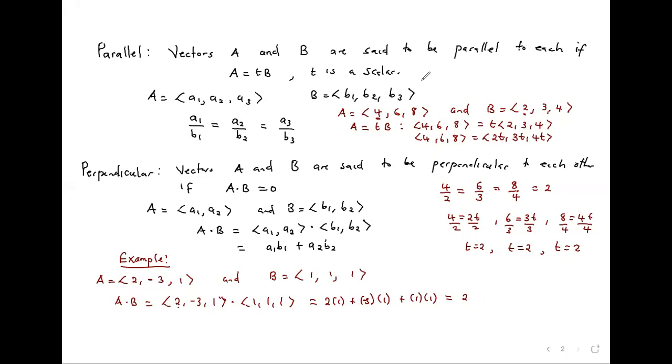So here we have 2 minus 3 plus 1, which is equal to 0.